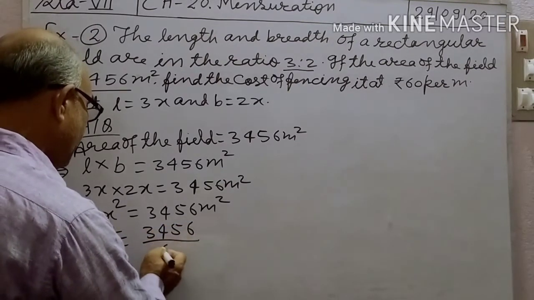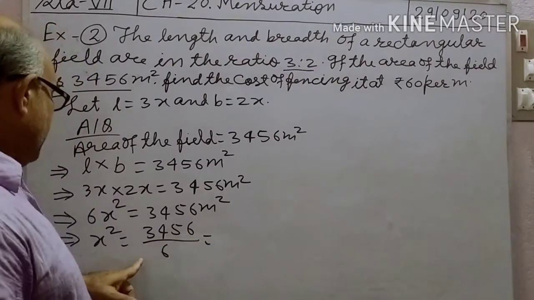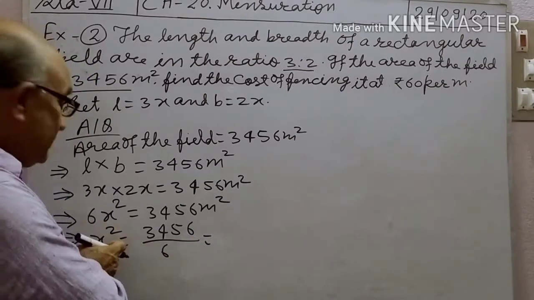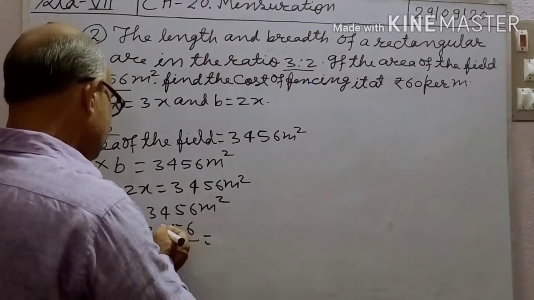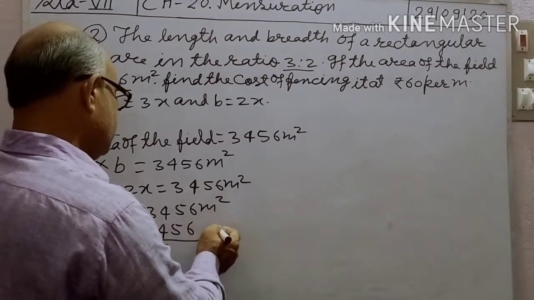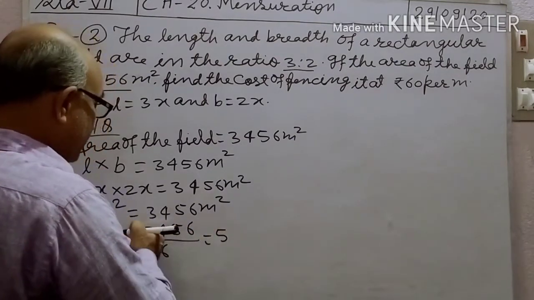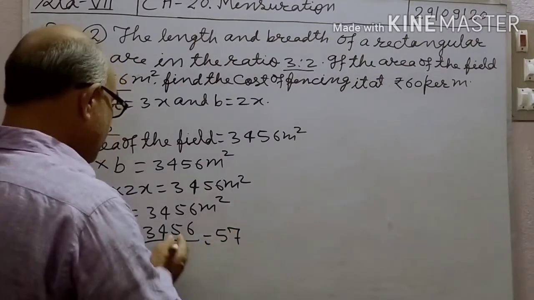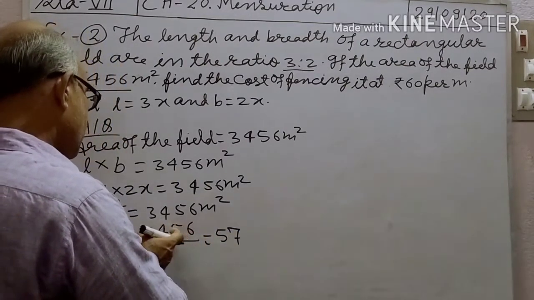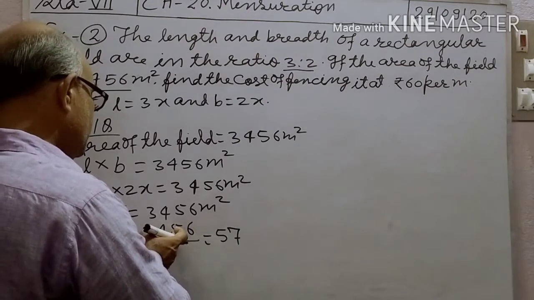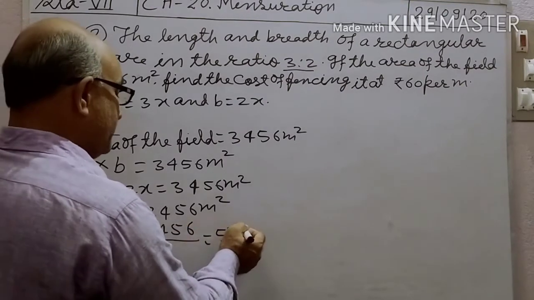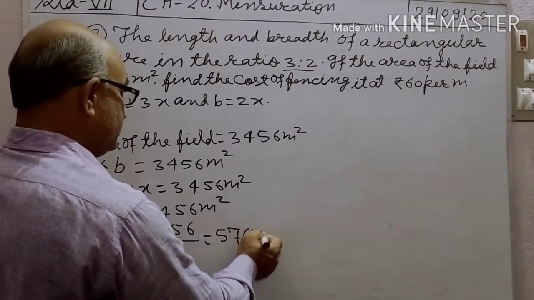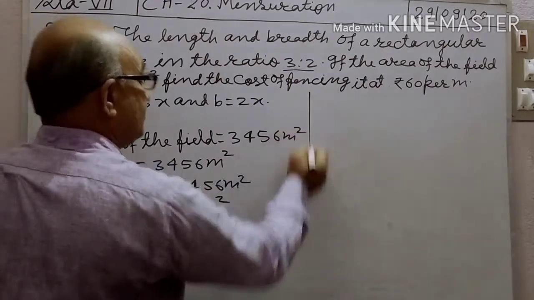3,456 by 6, divide it by 6. 6 5s are 30, 45, 6 7s are 42, and 3 6s 36, 6 6s 36. Meter square.